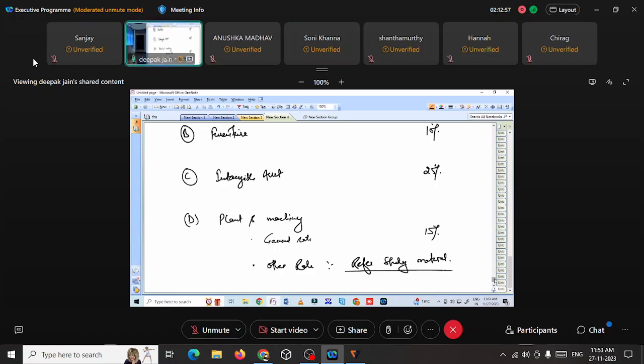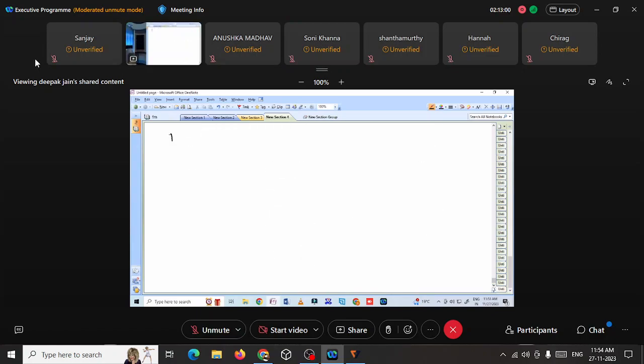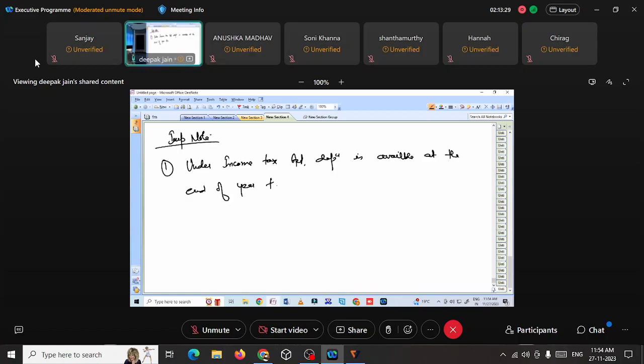Now, important notes. Under the Income Tax Act, depreciation is available at the end of year, that too when the asset is in possession.